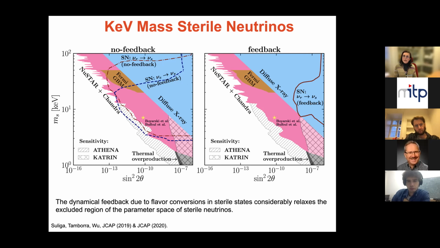And of course, this study, which we carried out with Anna Suliga, was only taking into consideration a static hydrodynamical background from a supernova, where on top of it we considered this kind of evolution, but possibly assuming that a full hydro simulation takes into account these effects, maybe those bounds will also disappear. So we should be just careful when we think about non-standard scenarios in the context of supernovae to model this physics self-consistently.